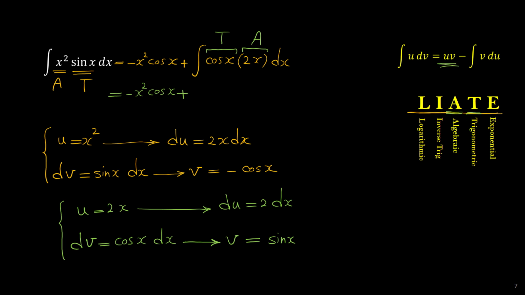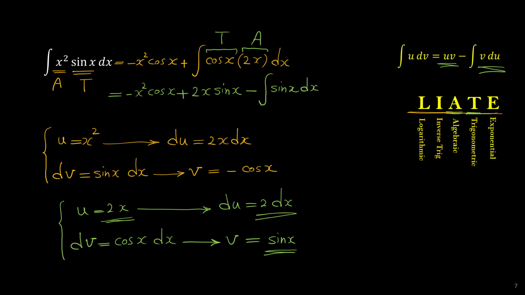Don't forget, now u is 2x and v is sine of x. U times v, so 2x times sine of x, minus integral of v, which is sine of x, times du, and du is 2 dx.